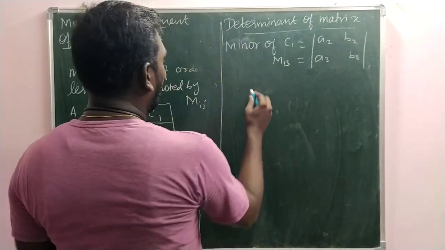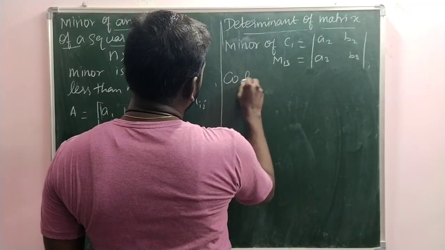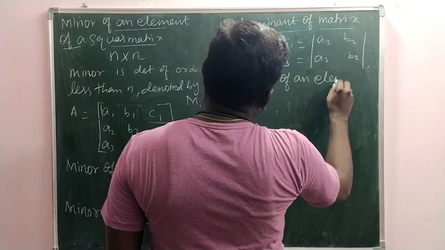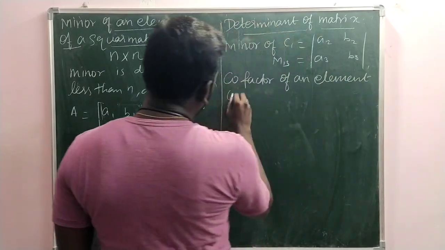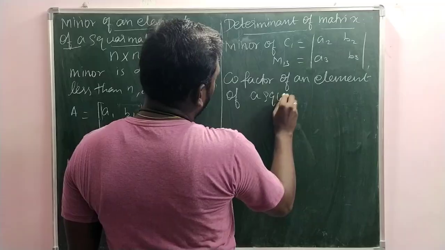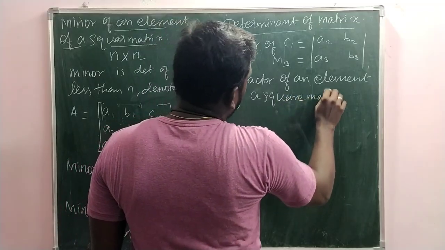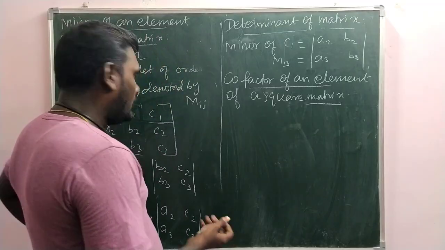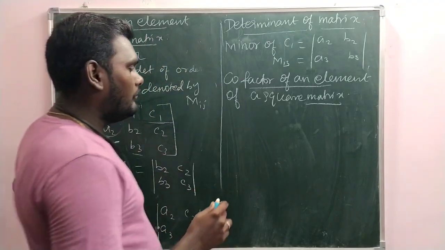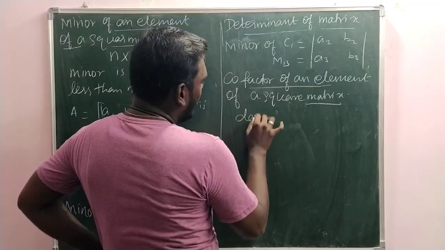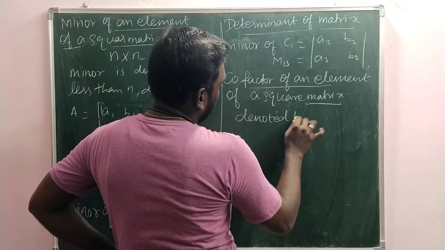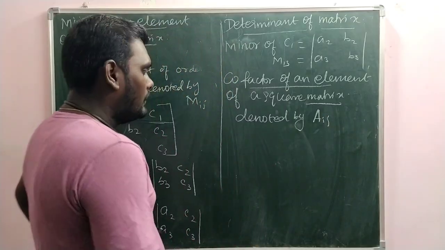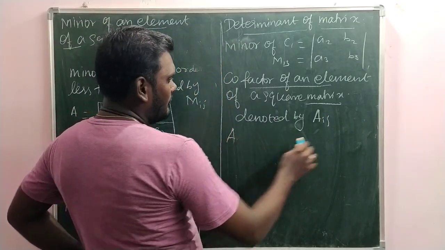Next, cofactor of an element of a square matrix, which is nothing but simply, like this minor we are denoting by Mij, the cofactor is denoted by capital Aij.